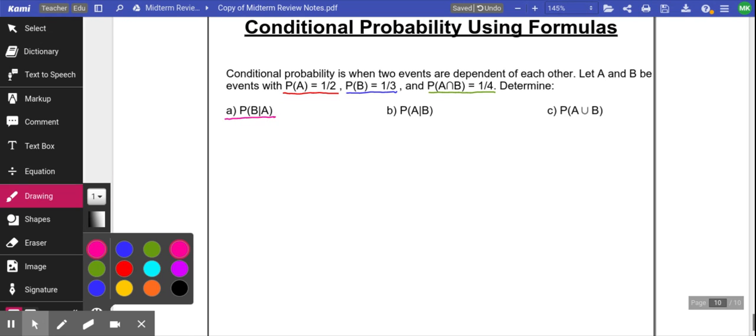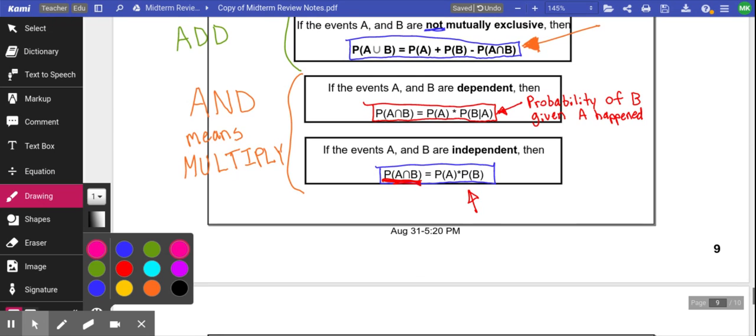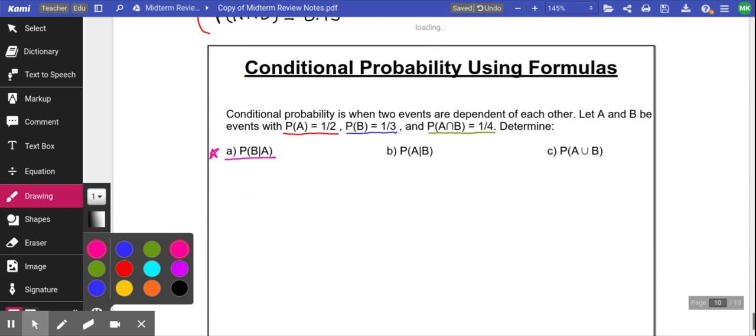Okay. The only place we ever see this given formula is up here. This is the only spot I ever see it. So that means I somehow have to use that formula in this question.